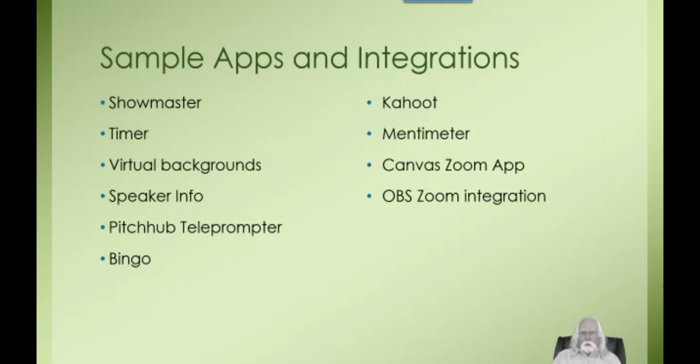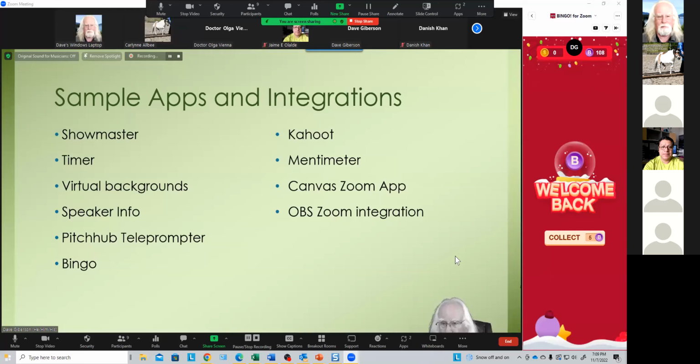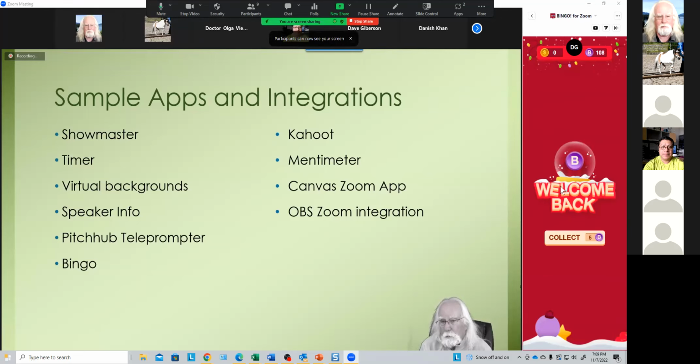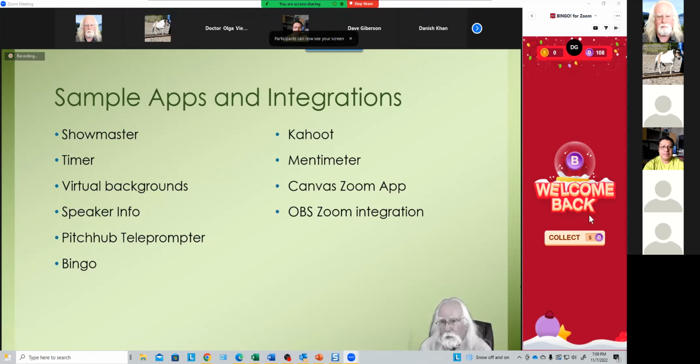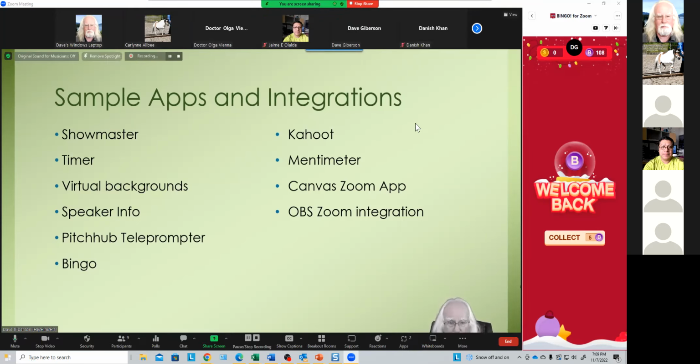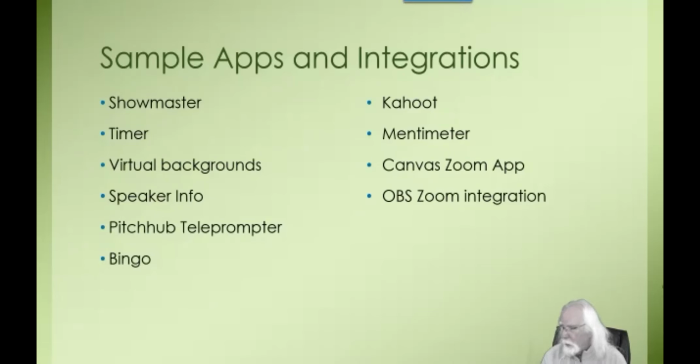It may ask you to enter a screen name. You should see something that looks like this. Let me share this with you for just a second. It won't say welcome back, probably. It'll probably just say welcome, but it'll have this red color and the little string of lights at the top and so on. So let me stop that share.